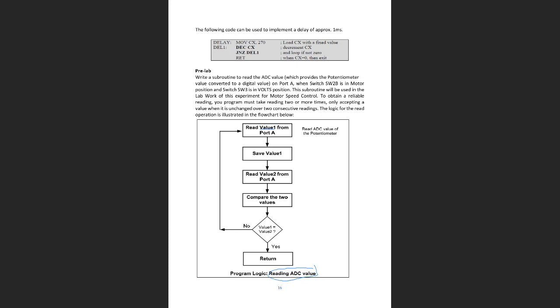If not, the data is not accepted, so it reads the data again and repeats the process. This is the analog to digital data reading subprogram. We already discussed it in a previous experiment. So same idea, we will use the same subprogram for the analog to digital converter.